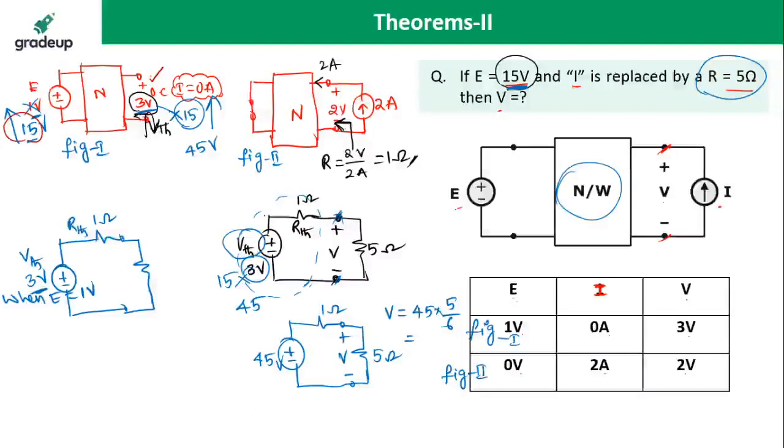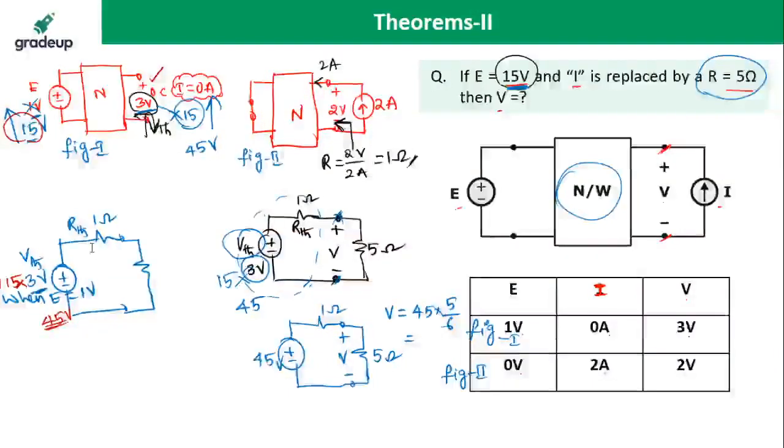According to the homogeneity principle. If you remember the homogeneity principle, then you can understand this one. So as E is increased by 15 times, this VTH also increases by 15 times. That is why you will be getting 45 volts. VTH, Thevenin's voltage, is 45 volts. That is the reason, Pratibha, so that you can get it.